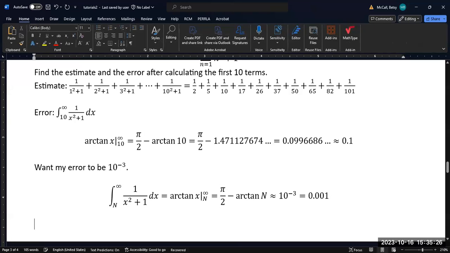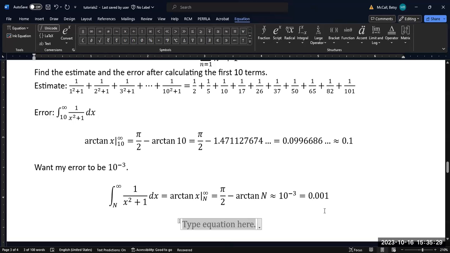So I would have to do a little bit of rearranging. For instance, if I move my 0.001 over and then my arctan over, I would get pi divided by 2 minus 0.001 would have to be equal to arctan of n.